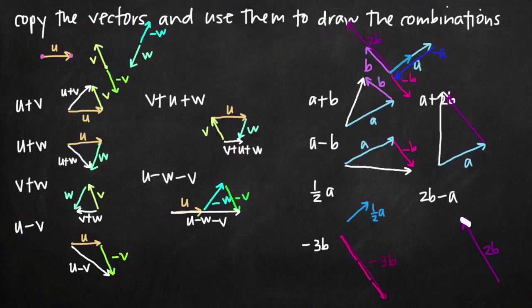So minus a here we attach to the terminal point of 2b. So then our vector called 2b minus a looks like this from our original initial point to our final end point. That's 2b minus a right there. So that's how you can use pictures of these given vectors to quickly and easily find combinations of those vectors.